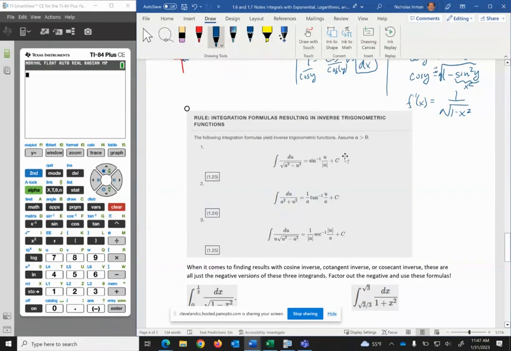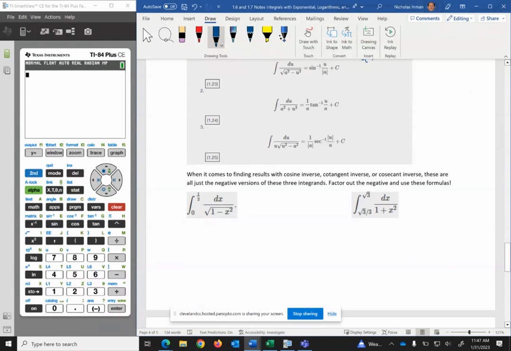Now, when there are additional numbers besides just 1, we can still do this. That a is just a number, and that u is our variable. Slightly different than a u substitution that we've been doing. But just remember, hey, a is some number. It's always going to be some value squared.